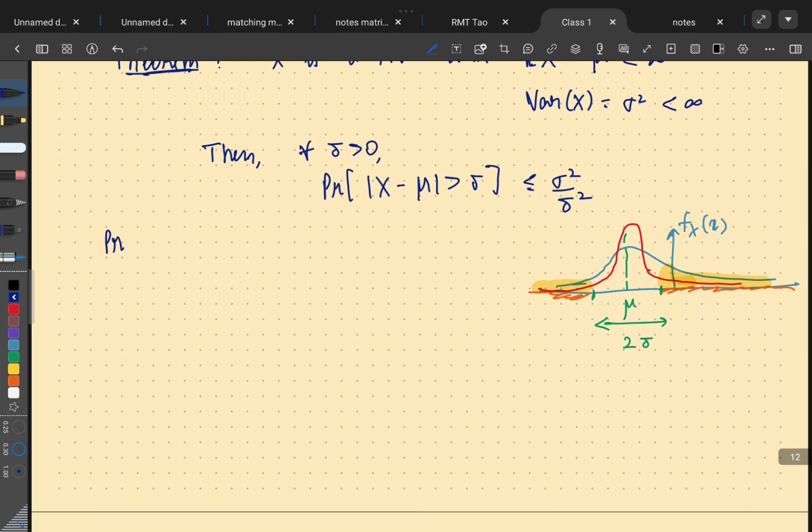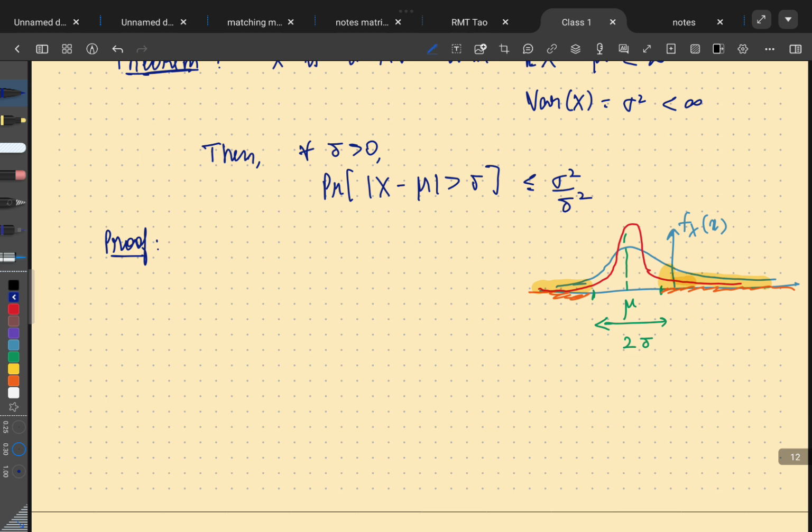Okay, so how do we prove this? We take y equal to x minus mu whole square as another random variable. So Markov inequality, exactly. It's nothing but just a corollary of Markov's inequality.